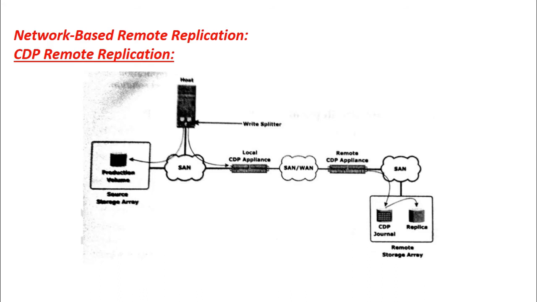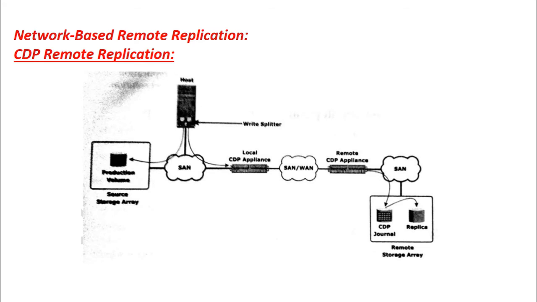For an asynchronous operation, writes at the source continuous data protection appliance are accumulated and redundant blocks are eliminated. Then the writes are sequenced and stored with their corresponding timestamp.